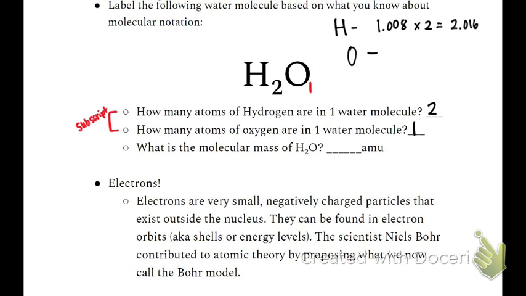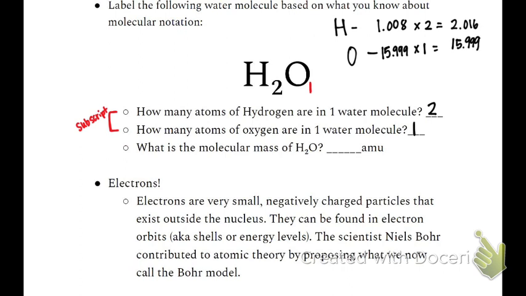All right, we also have oxygen. What's the atomic mass of oxygen? 15.999. And how many times are we doing that one? Just once. So then you add the 2.016.